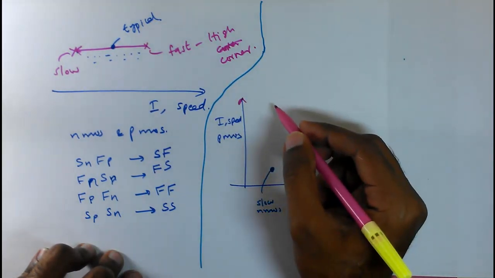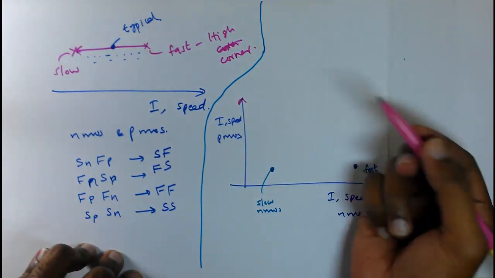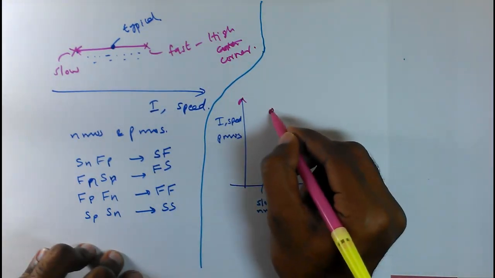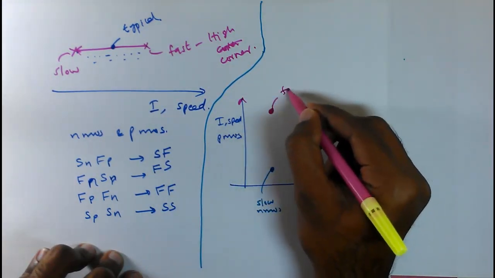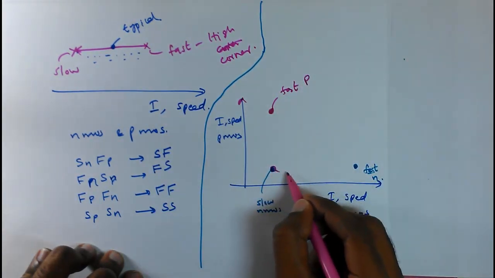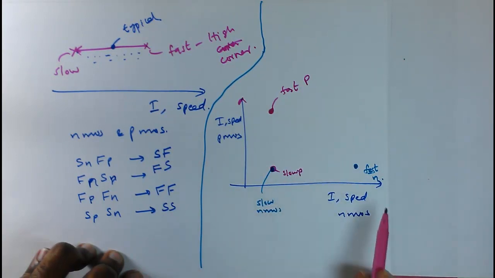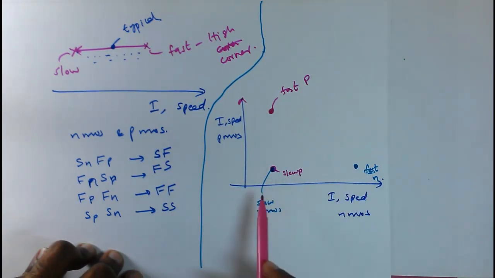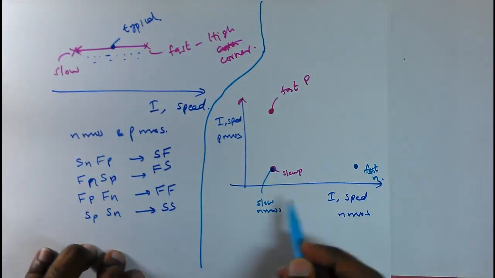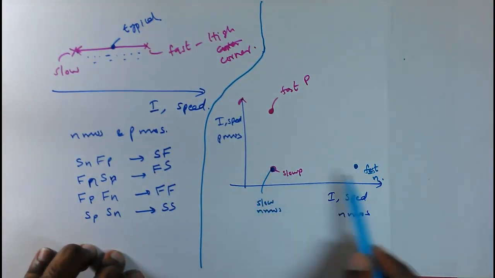So the fast PMOS will be here, and the slow P will appear here. So when I plot the graph for NMOS, I mark the slow NMOS here and fast NMOS here.